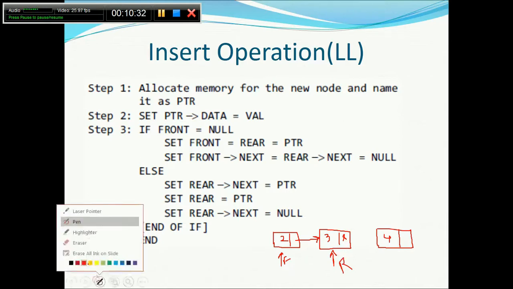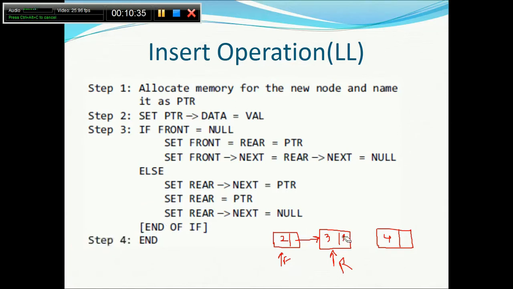So what will happen here is this null will be removed and a link will be established to this node. And PTR is equal to rear, so the rear will start pointing to this node. This would be removed; the rear will not point to this node further, and rear next is equal to null. So this is the insertion algorithm of a queue.